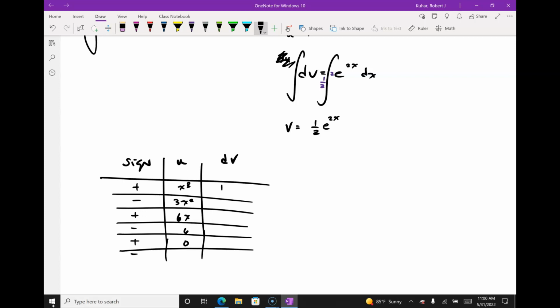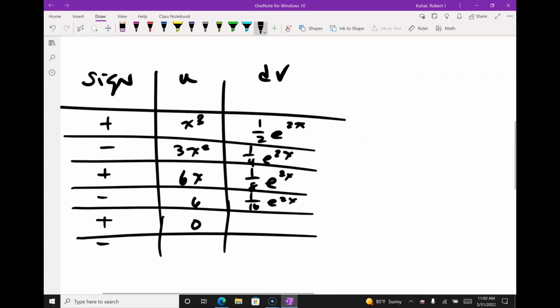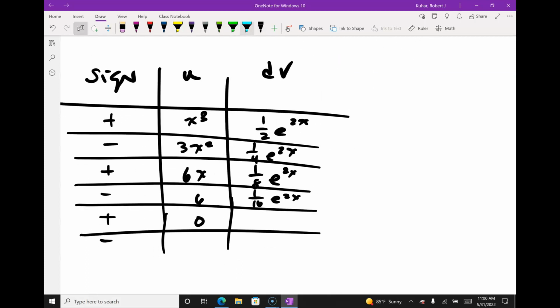Yeah, my original v is 1/2 e to the 2x, right? I integrated to get that, and I want to keep integrating, right? But I already know the antiderivative of e to the 2x is another 1/2 e to the 2x. So I'm going to get 1/4 e to the 2x, 1/8 e to the 2x, 1/16 e to the 2x. And of course I don't need the last one because of the 0, right?